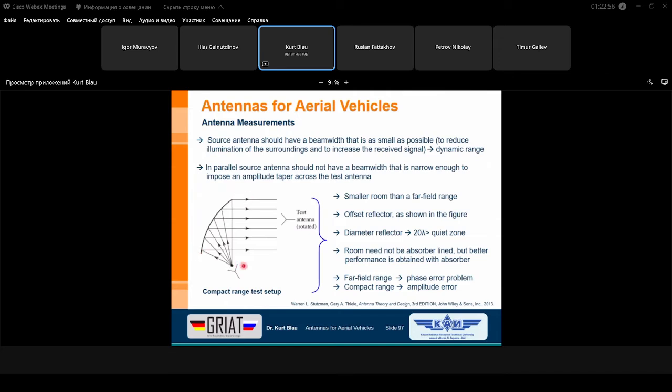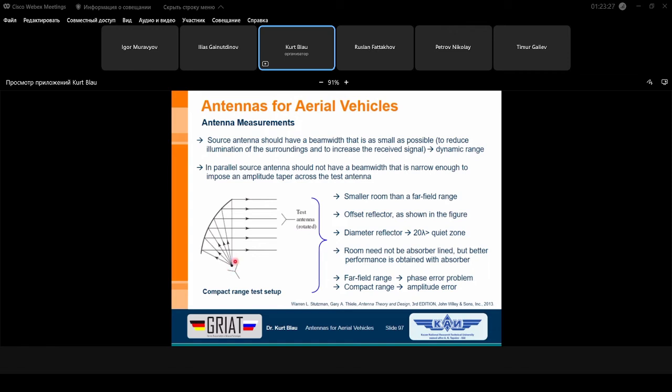But here, because of the very large area of this reflector, and the pattern of our illumination antenna, which illuminates the reflector, we cannot illuminate this exactly over the half power beam with the same magnitude.